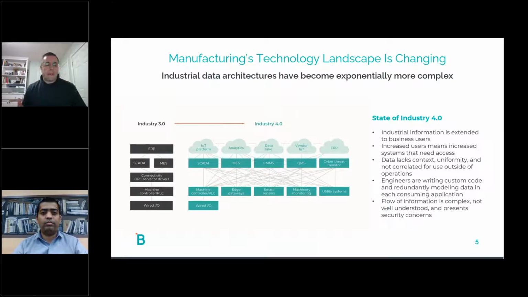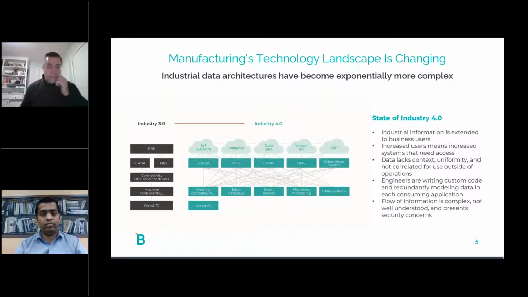So how do we get data into the hands of people like the R&D team, the quality team, the maintenance team, the supply chain team in a scalable way, in a high resolution, maintainable way such that they can execute on the business processes that they have to execute on.